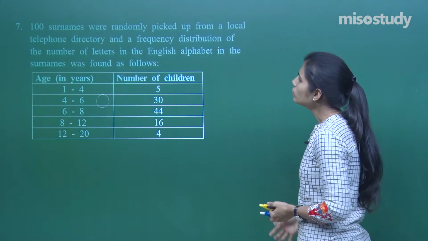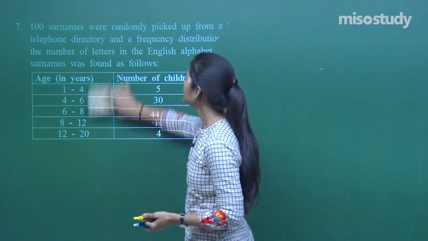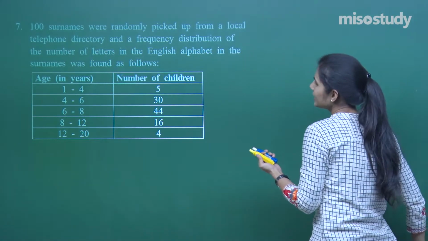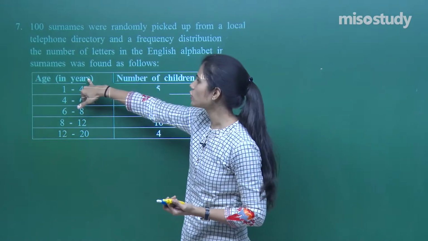So what we have to do here, it is saying that these are actually the surnames, okay, and the letters in the surnames are here, this is not age.